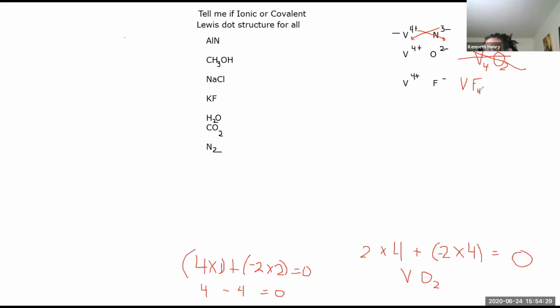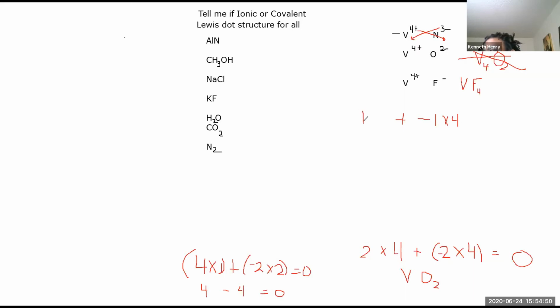Because it balances, right? If we assume that the F represents a -1, you're saying I have 4 times -1. And then here we have one of these, because that's an understood 1.